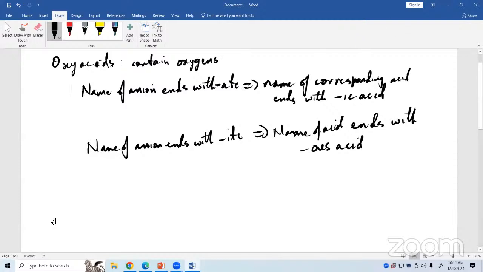Okay, so let's start off with this example. I'm going to construct a little table here. In this column, we're going to have the corresponding anion, and then we're going to have the acid, right? So what I'm going to do here is write down the formula for the nitrate ion.